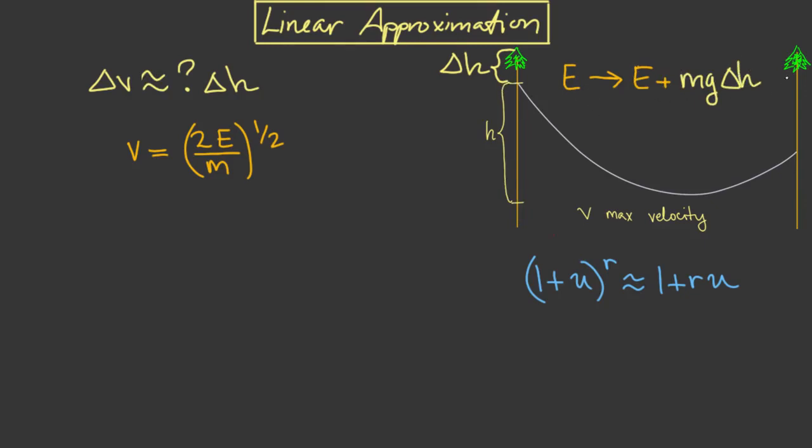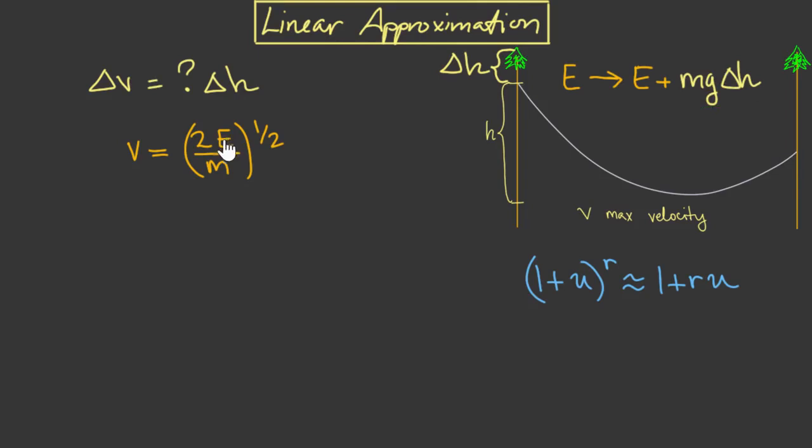Notice that this expression, E plus mg delta h, is a linear expression in delta h, because the total energy E is constant, m, the mass of the rider, is constant, and g is the gravitational constant.